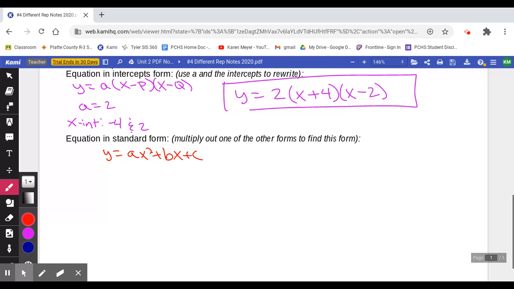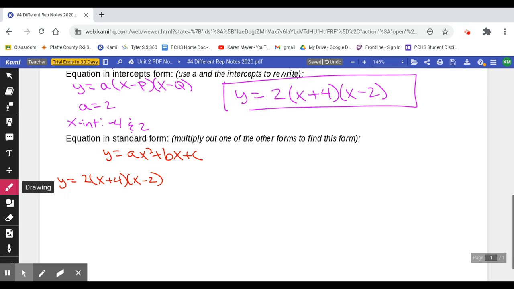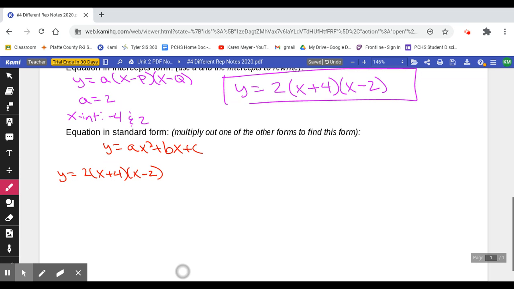So let's say you pick intercept form. This was my intercept form. You would have to start by multiplying the two parentheses together. If you remember the word FOIL, great. If you remember distributive property twice, great. You're going to take x times x, which is x squared, x times negative 2, which is negative 2x.